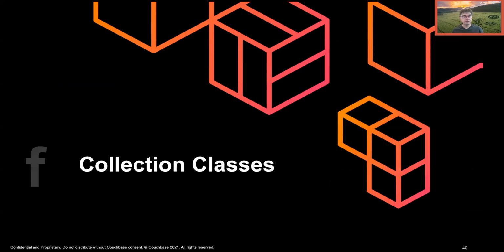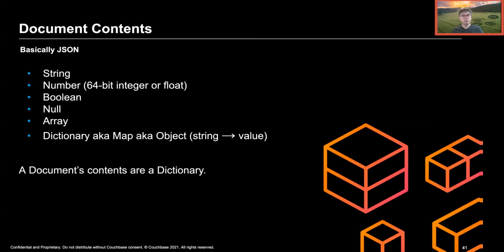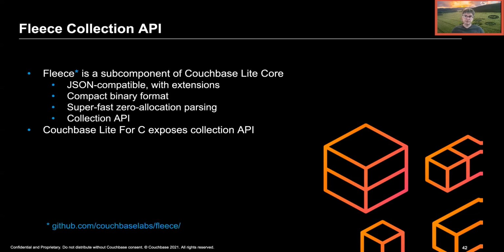So the collection classes. Documents contain JSON, basically: strings, numbers, booleans, null values, arrays, and dictionaries. And the top-level contents of a document are a dictionary. C doesn't have these types, really.